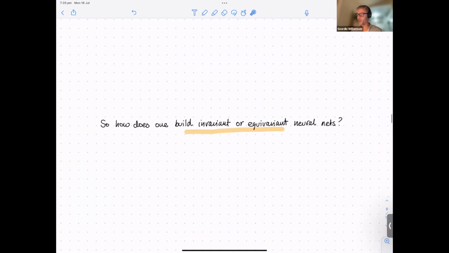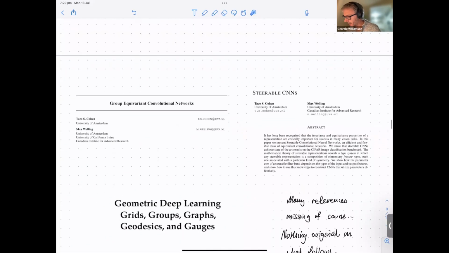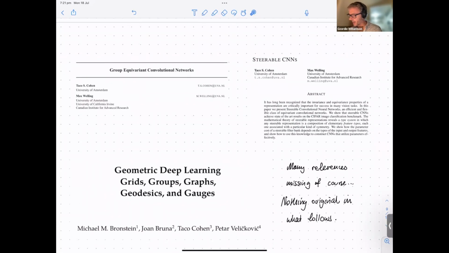Okay, so how do we build invariant or equivariant neural nets? That's the question that we want to ask now. And I should say that there's quite a lot of literature on this. There's this paper, for example, on steerable CNNs, group equivariant convolutional networks, and this book, or the draft of the book, which I think you've been following in this course: Geometric Deep Learning, Grids, Groups, Graphs, Geodesics, and Gauges.